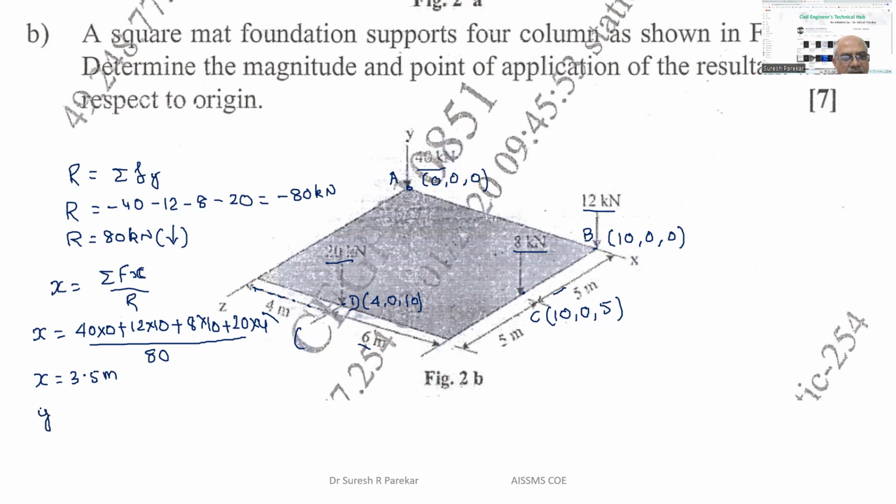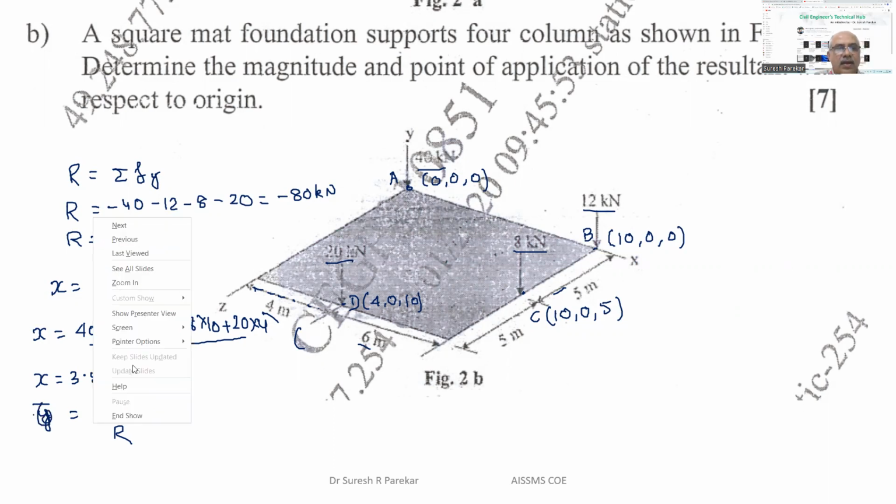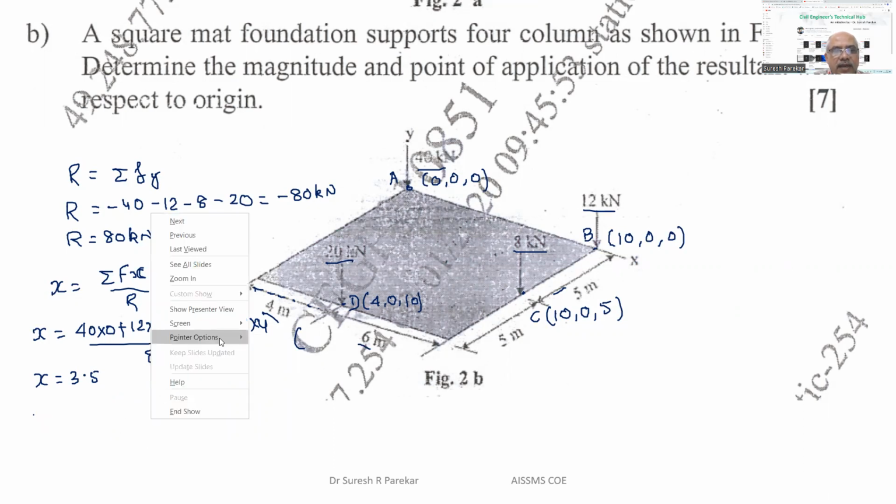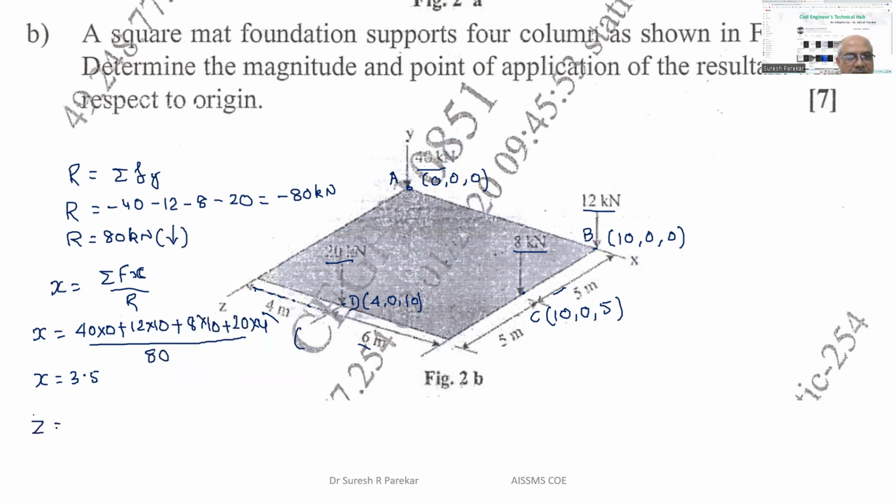Then we can find y, which will be summation Fy upon R. Now we have Z, not Y, because our y-axis is vertical and our plane is xz, and therefore we have to find the z coordinate. So don't make the mistake which I made over here.